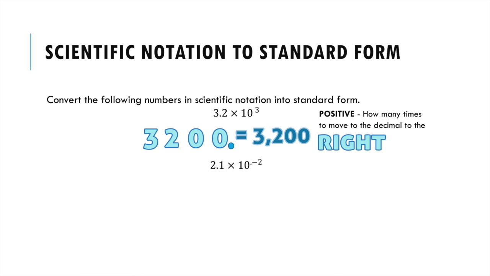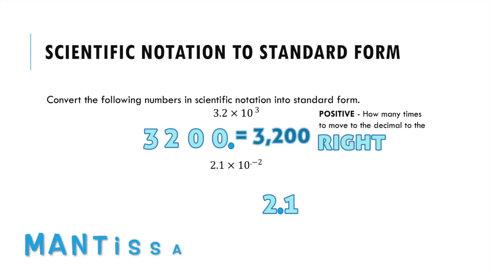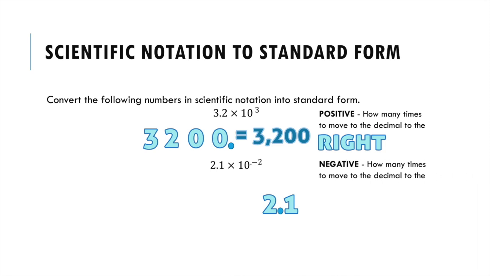Now let's take a look at another example. This time I have 2.1 times 10 to the negative 2nd power. I'm going to take my factor, my coefficient, my mantissa, rewrite it, and I'm going to look at my exponent. What do we see here? A negative exponent. So that's going to tell me how many times to move the decimal in which direction?